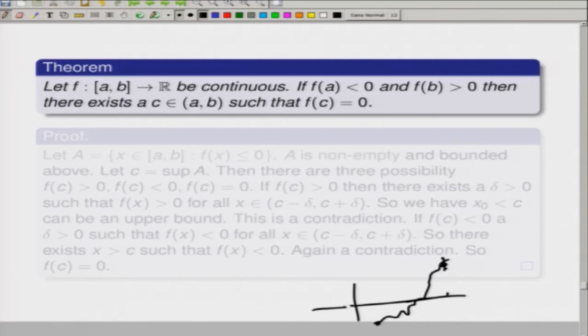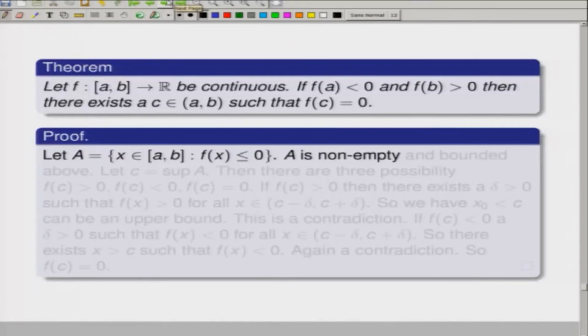That means I have to cross the x axis. That means f is going to take the value 0 somewhere between a and b, otherwise without crossing the x axis I cannot reach f(b), which is a positive number. So, I have to cross through 0. That is a very important theorem. Proof I will try to explain.